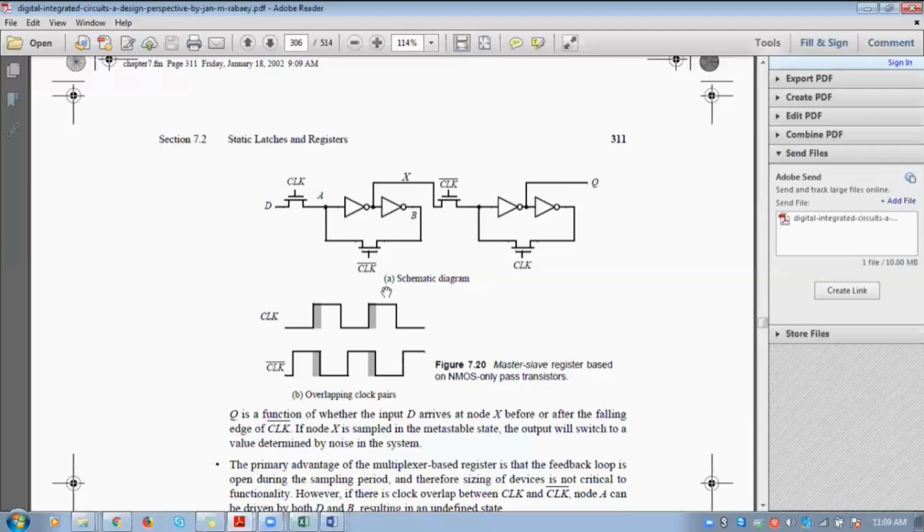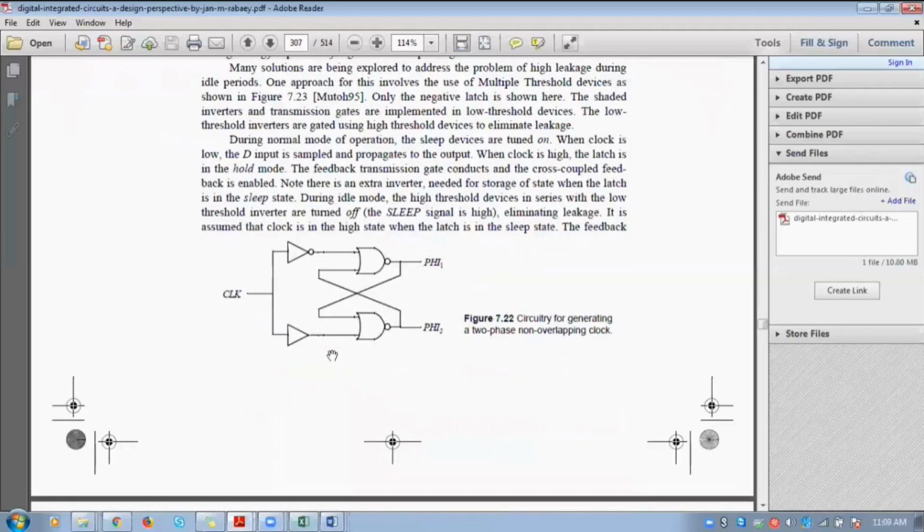So when we encounter an overlapping clock, we have to apply two different phases of the clock by using this particular circuit. We are going to apply the original clock to a circuit which is going to generate two phases of the clock. See here, you are already aware of this particular design. This is a normal cross-coupled NOR gate.